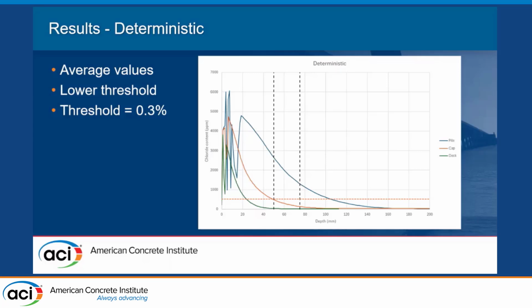That threshold is selected arbitrarily and it accounts for a safety factor, but generally it's within the bracket of 0.2 to 0.7% of the binder content. 0.3 is around the lower end of the interval, so it may be too safe, but it's a safe value. So what we would get with those deterministic values compared to probabilistic, I think it's comparable.